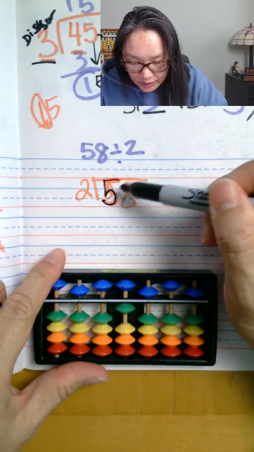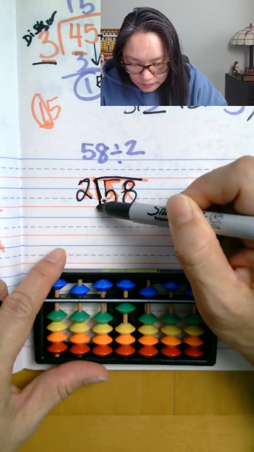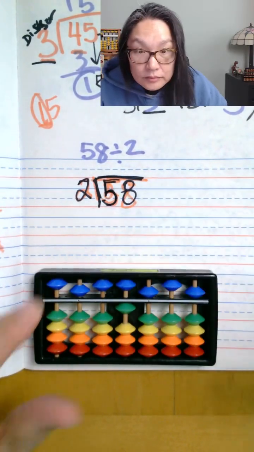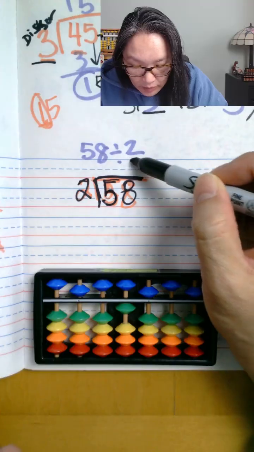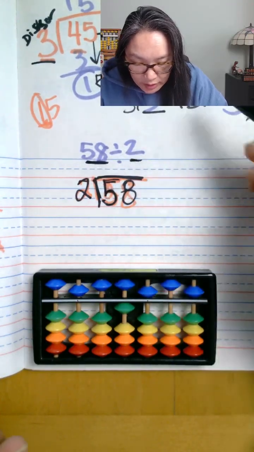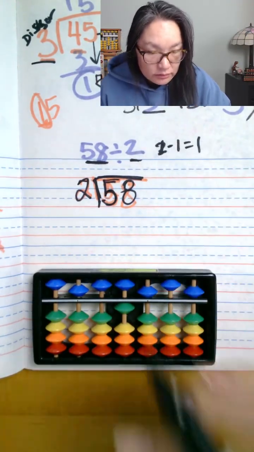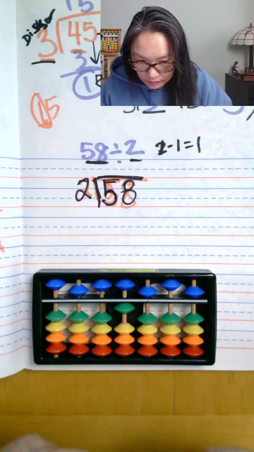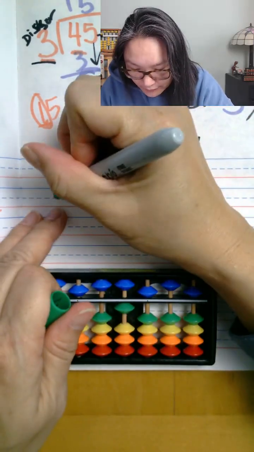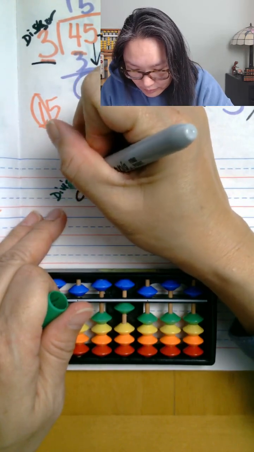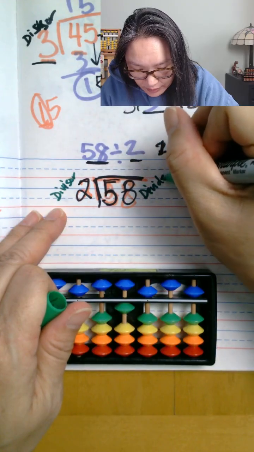We always need to find our starting point. 1 digit, 2 digit. 2 take away 1 is 1. We know this. So this is our divisor. This is our dividend.